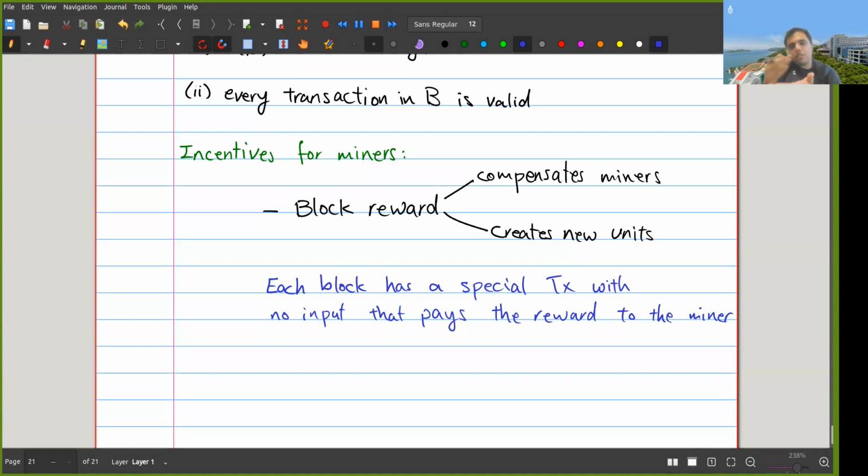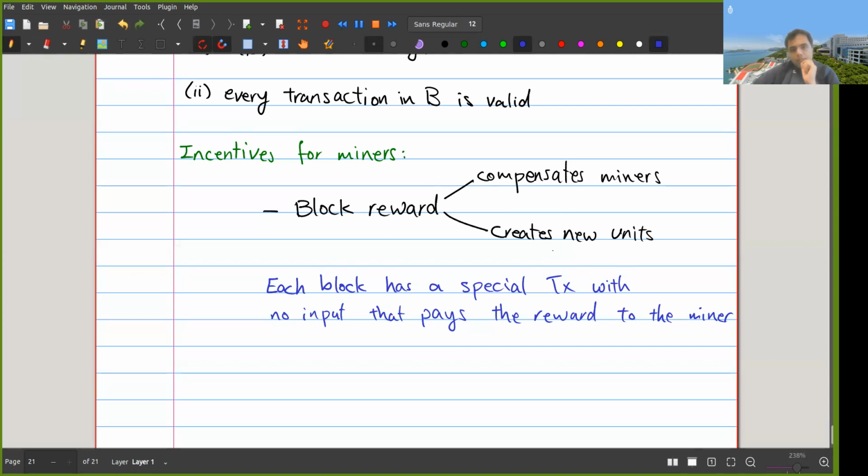And it keeps getting halved as we go on. So very soon the block rewards will become smaller and smaller, and this also makes sure that we will not have too much inflation. The total number of units of currency that are created is bounded, so we will not have infinitely many Bitcoins.